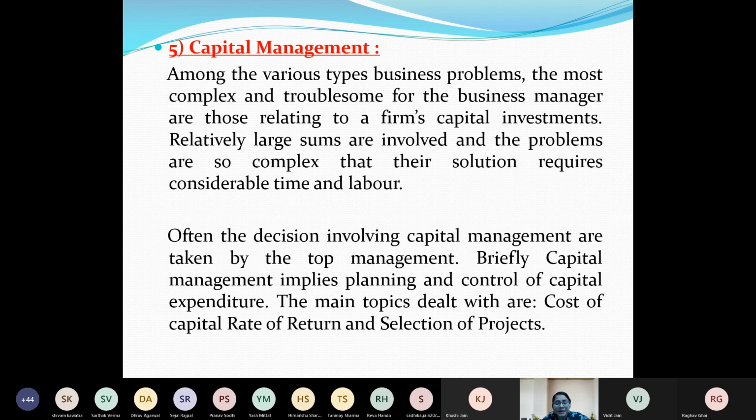Often this business decision making involves capital management, which is mainly taken by the top management of the company, and capital management involves planning and control of the capital and cost of production, that is expenditure.